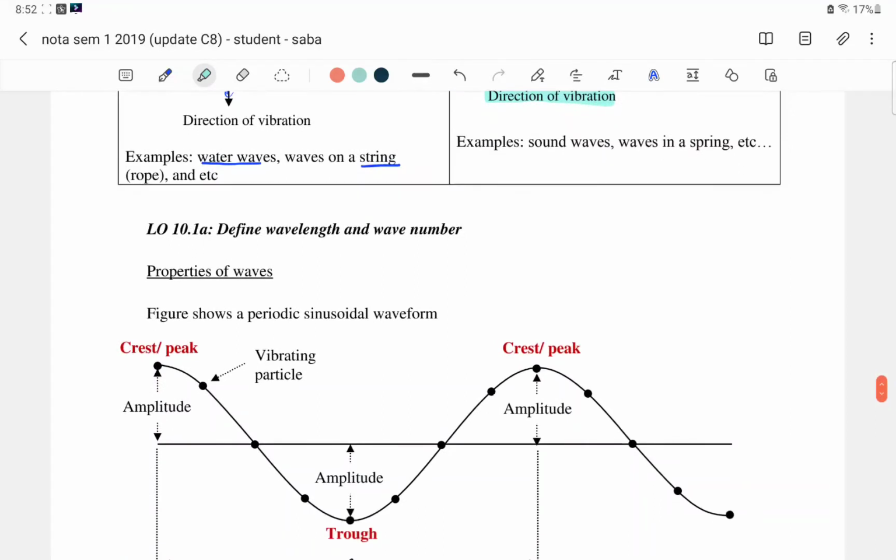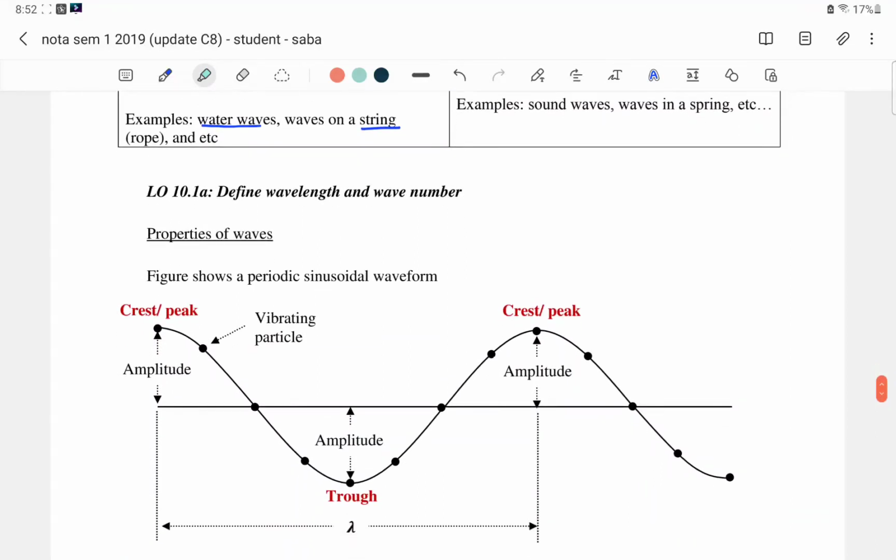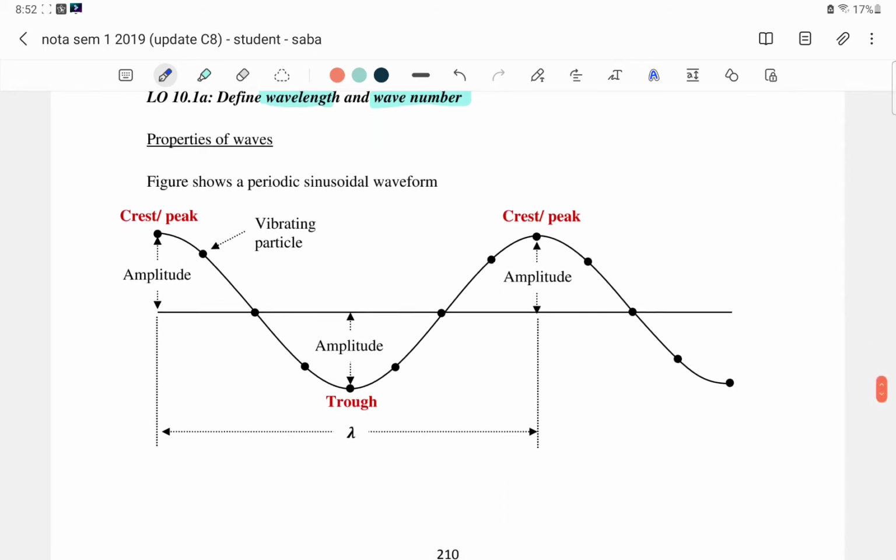Alright, so for the outcome 10.1a, we have to define wavelength and wave number. Wavelength, the symbol is lambda, and the wave number is k. So let's look here, the figure shows the periodic sinusoidal waveform. So we have crest or peak, and we also have trough. What is crest?